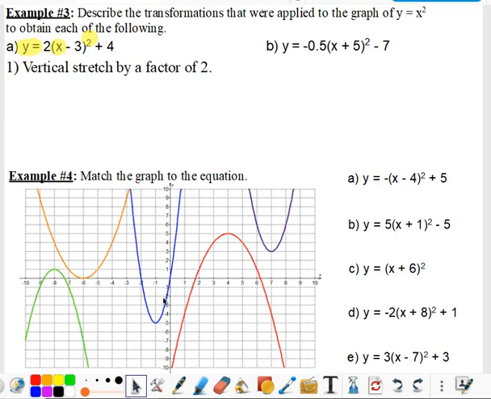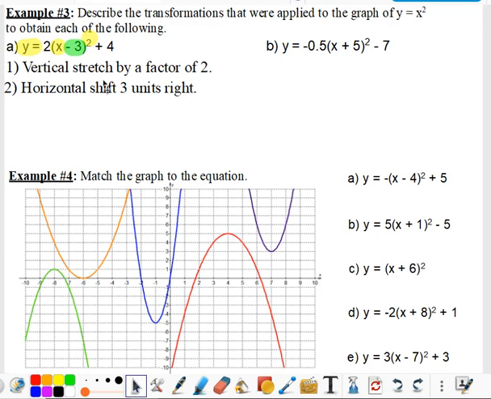Now we have this minus 3 in the brackets, and just be careful, because I know it looks like it says negative 3, but really we know that there's a positive 3 put in there, and a positive 3 as an h value indicates that it went to the right 3 units. So we say horizontal shift 3 units right, or maybe you might say horizontal shift right 3 units.